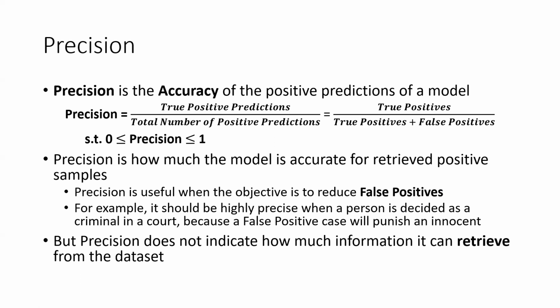Even sacrificing the real murderers not getting detected, right? So that is what we have to pay, but the importance is not to punish an innocent person, right? Especially the death penalty, right? So in that kind of situation, you can use precision, where you are trying to avoid the false positive.